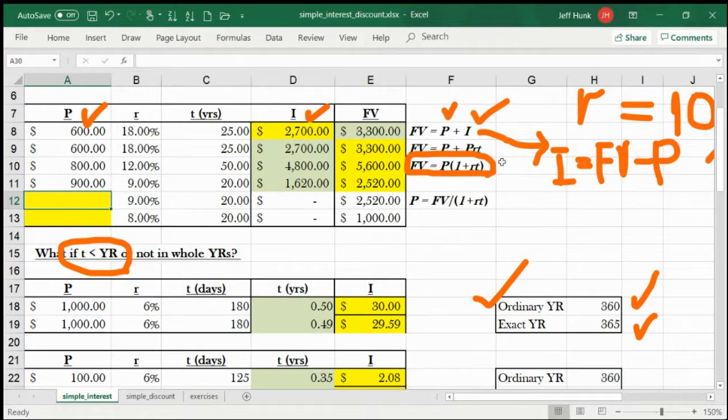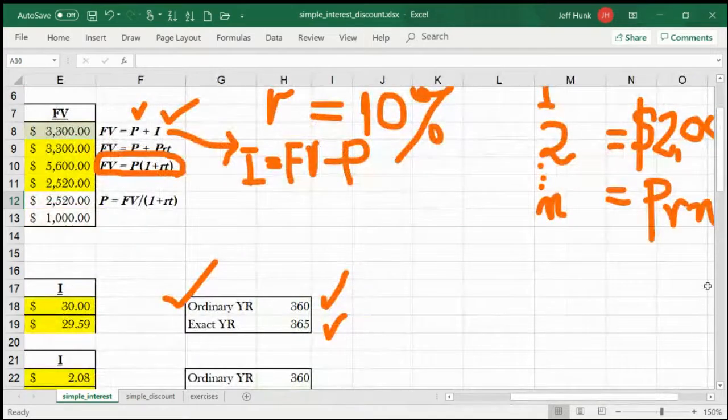The question is a simple question of solving this equation for P, principal, right? But the answer is already given here. But this is a very basic mathematical logic.